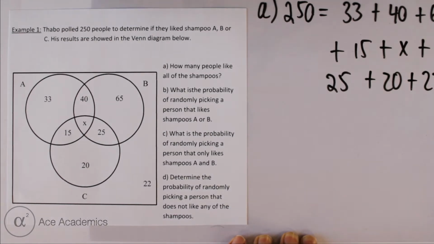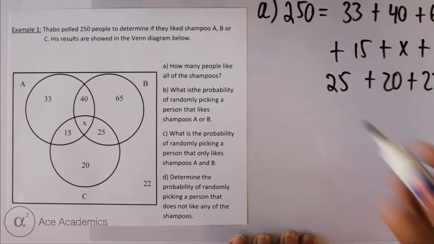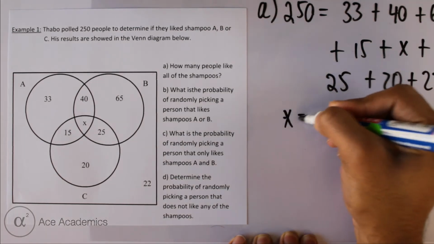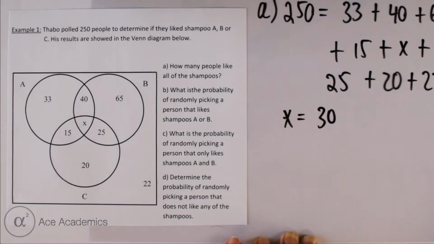And simply solving for X by taking all of these numbers to the other side of the equation, we get X equals 30. That means that there are 30 people that like all of the shampoos.